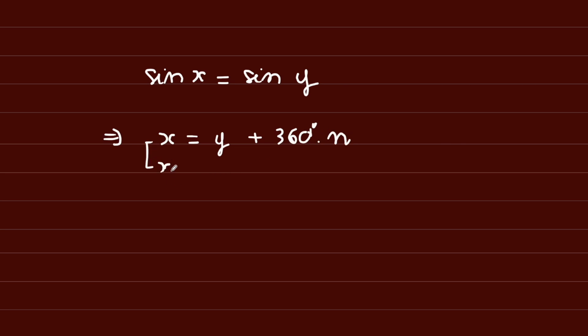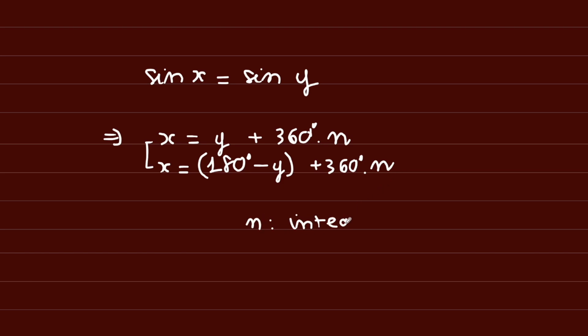And for the second one, the supplementary relationship, x equals 180 minus y, with the bracket representing the supplementary, plus 360 degrees multiplied by n. And for the value of n, don't forget that it represents an integer number, positive, negative or 0, it doesn't matter. That is the second example of the formula of the general solution.